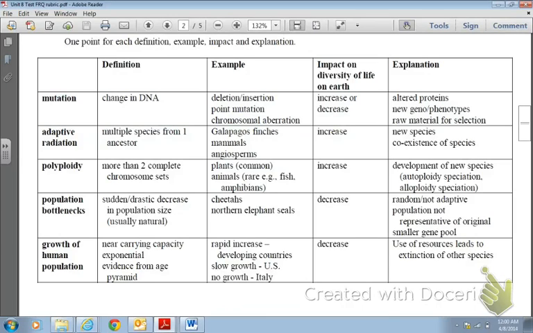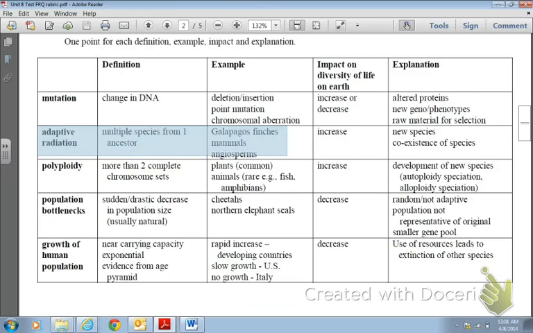Adaptive radiation. That's where the organisms move to different islands and their population adapts. And then they move to an island and they adapt. Okay, so I took that definition I just said as a point instead of multiple species from one ancestor. Okay, example.